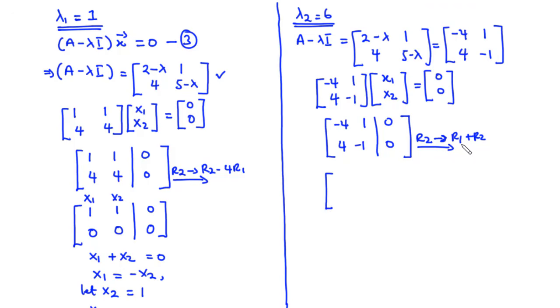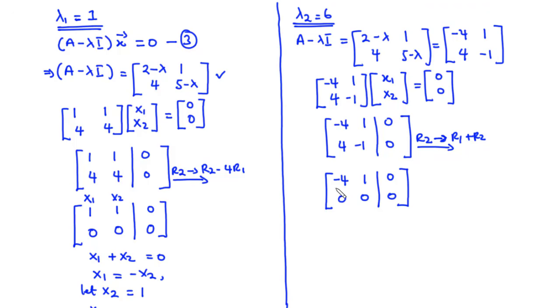So that is why we have this operation here. Elements in row 1 remain the same, and then we apply changes to elements in row 2. So we have negative 4 plus 4, that is 0, and then 1 plus negative 1 is also 0, and 0 plus 0 is also 0.